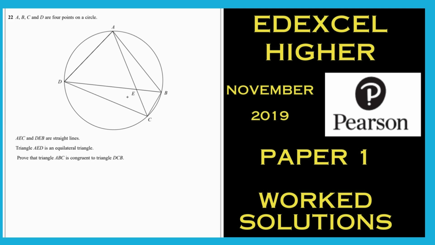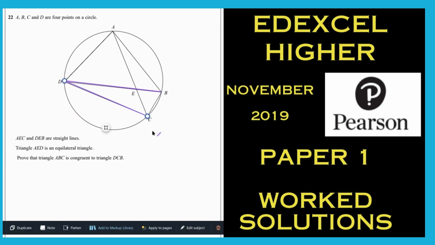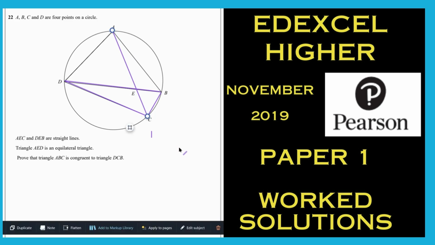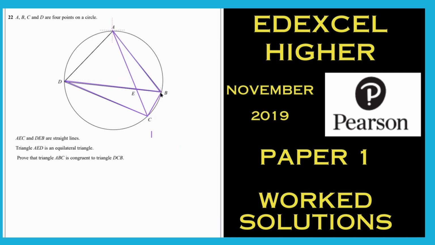To prove that they are congruent, firstly, sometimes it's difficult to spot, so it can help just to go over them and remind yourself which are the triangles you're looking at. And if you do that, you might spot, hey, they share a side.